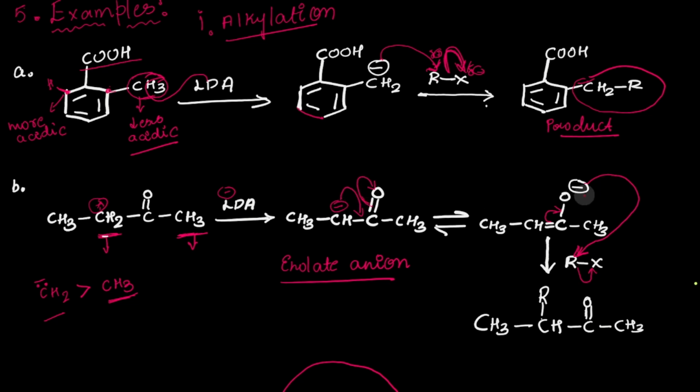So now our oxygen atom carries a negative charge, and when it is subjected to alkylation using the alkyl halide, this R acts as an electrophilic center, and the nucleophilic part attacks this electrophilic part, and the halide ion is removed. That is how the alkylation process takes place, and we obtain this alkylated carbonyl compound.